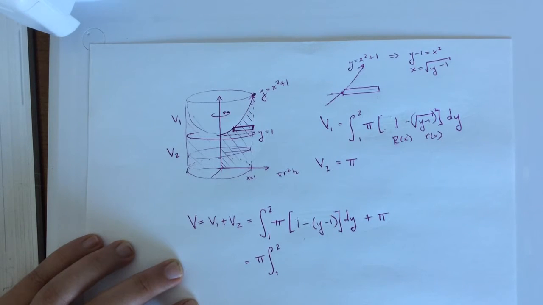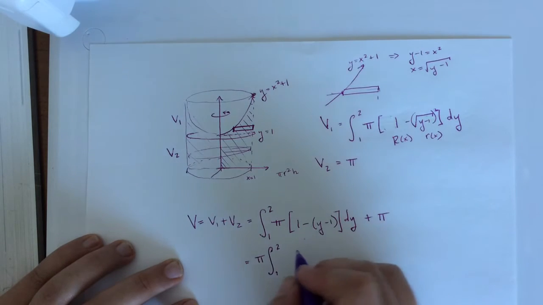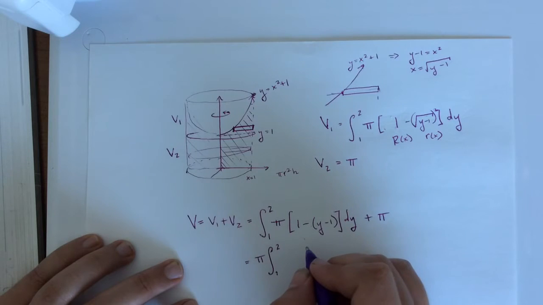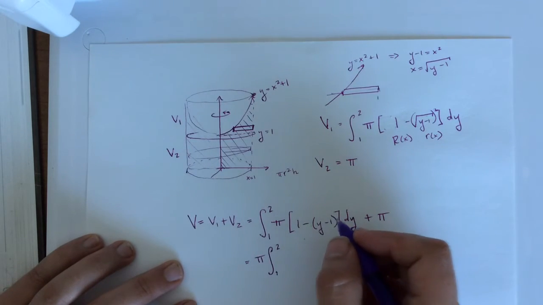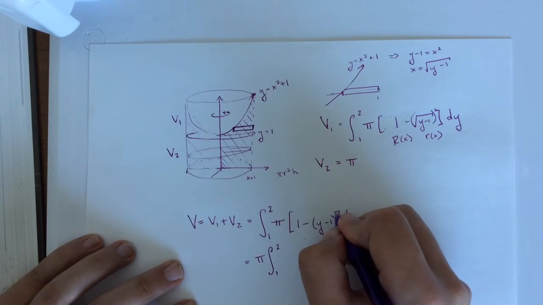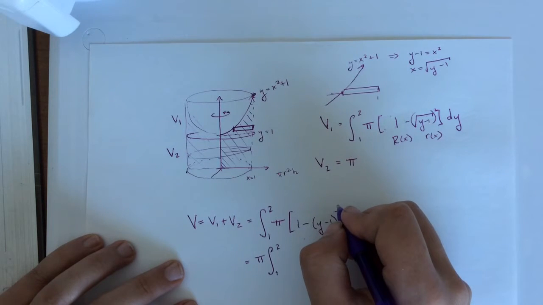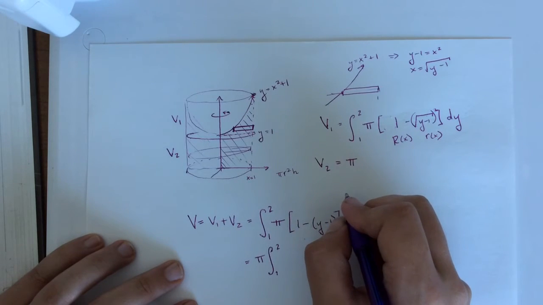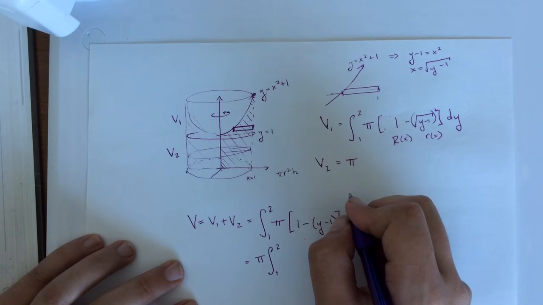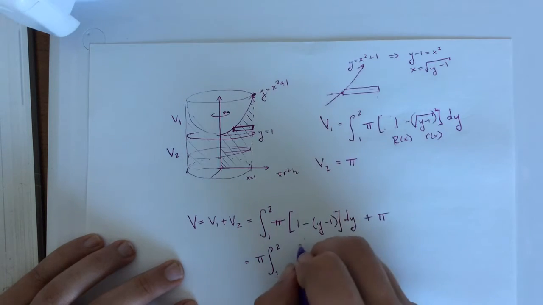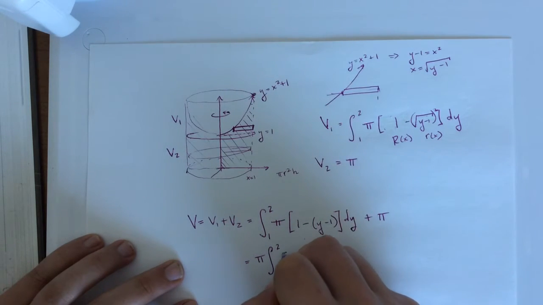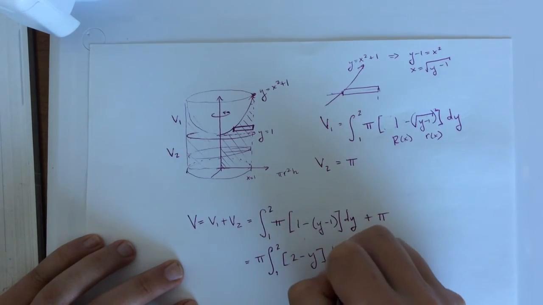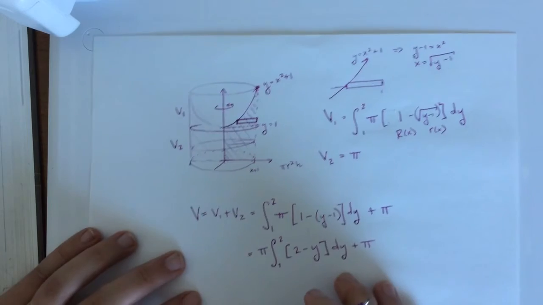There we go. So 1 minus y minus 1 will give us 2 minus y dy plus pi.